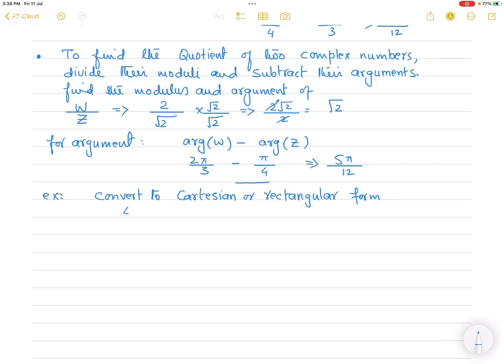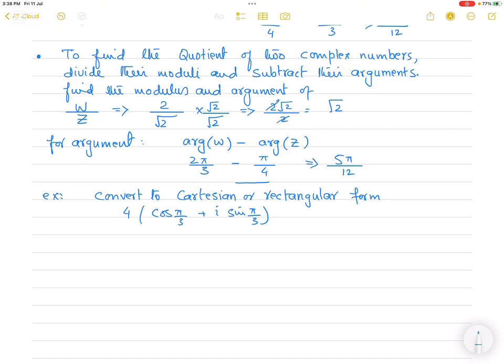I'm given 4 bracket cos of pi by 3 plus I sin pi by 3. This is my polar form.